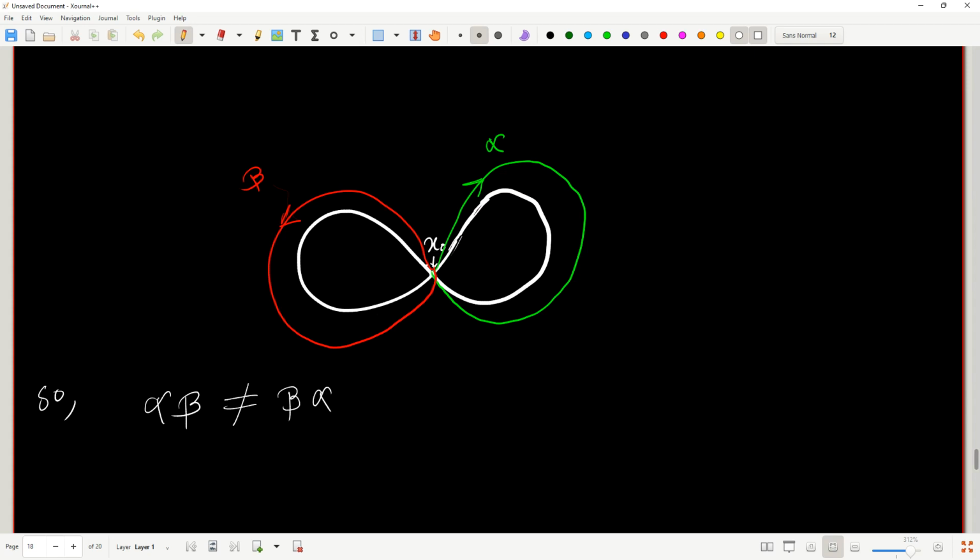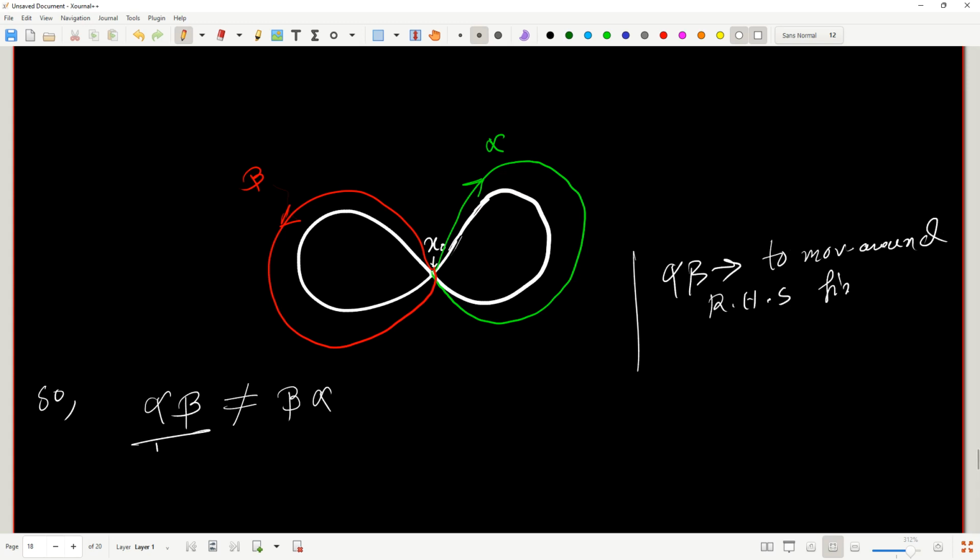Why? Because when you do this beta thing first, you're going around the left side of the base point first, and then you are going on the loop alpha on the right side. So here, okay, let me use this space. Alpha beta basically tells you to move around the right hand side first, then move around the left hand side, right?